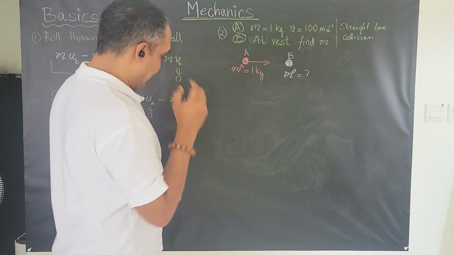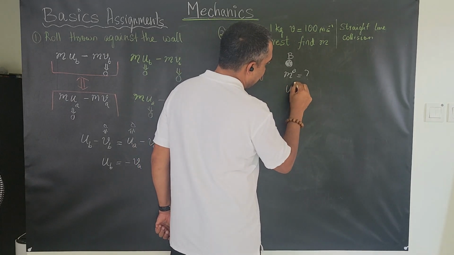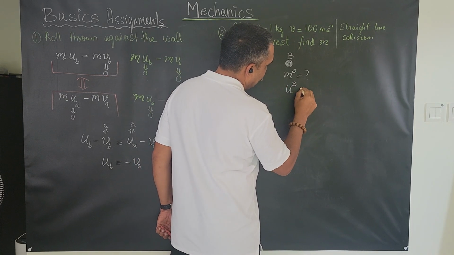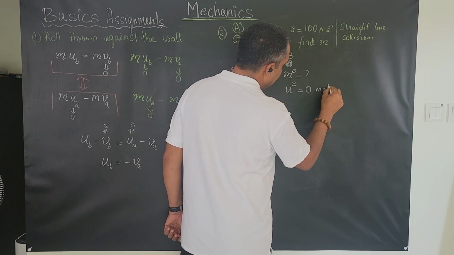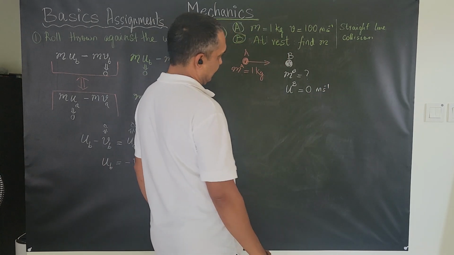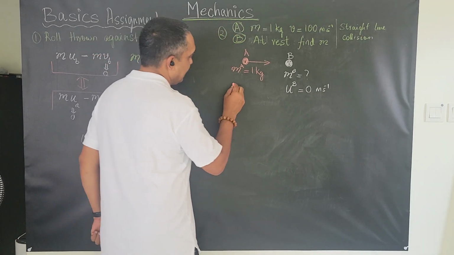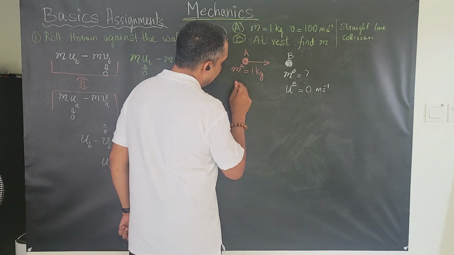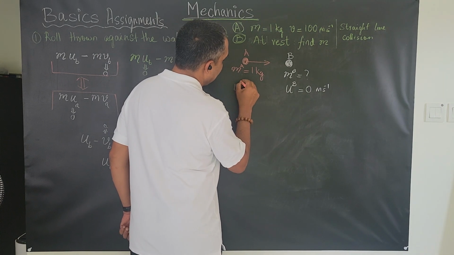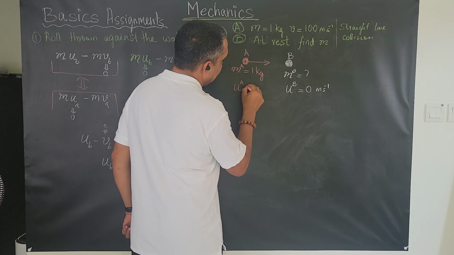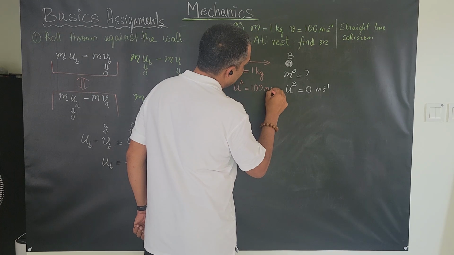B is at rest. We can conveniently say the initial velocity of B is equal to 0 meters per second. Okay, we know that, use U, initial velocity of A is 100 meters per second.